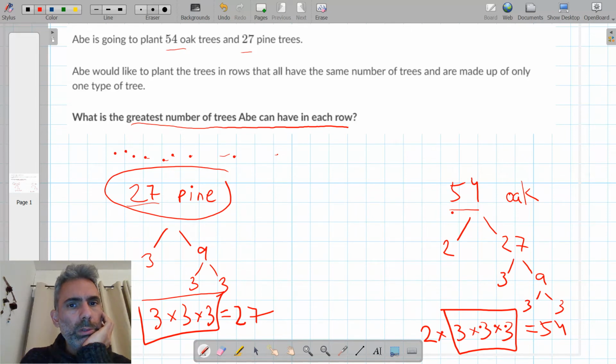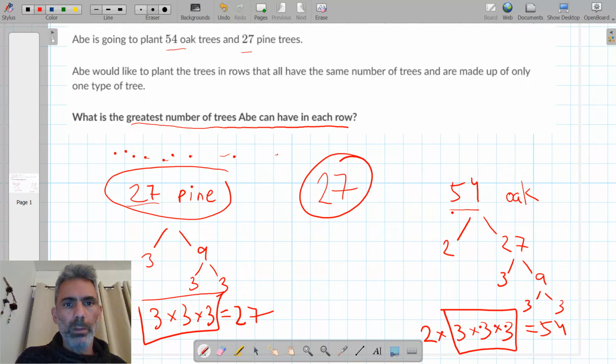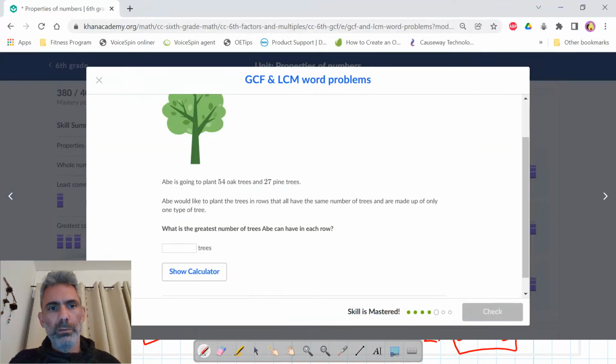So this is the greatest number of trees Abe can have. 27 is the greatest common factor, and this is the greatest number that Abe can have in each row. Here in the pines, he will have 1 row of 27 pines, and here he will have 2 rows of 27 oaks, and this is the greatest number of trees he can have in each row, 27.